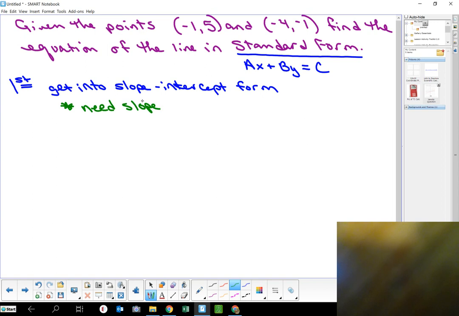Do you have enough information to find the slope in this question? Yes, you do, because you have the two ordered pairs. So you're going to use your slope formula in order to do that. And then once you have your slope, I would use point-slope form of a line.